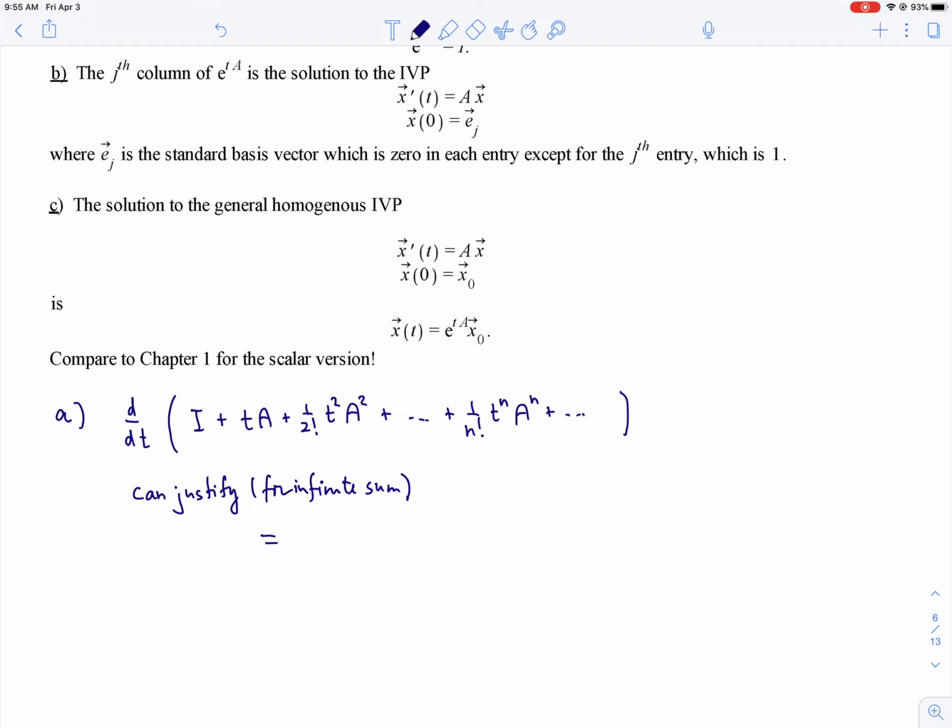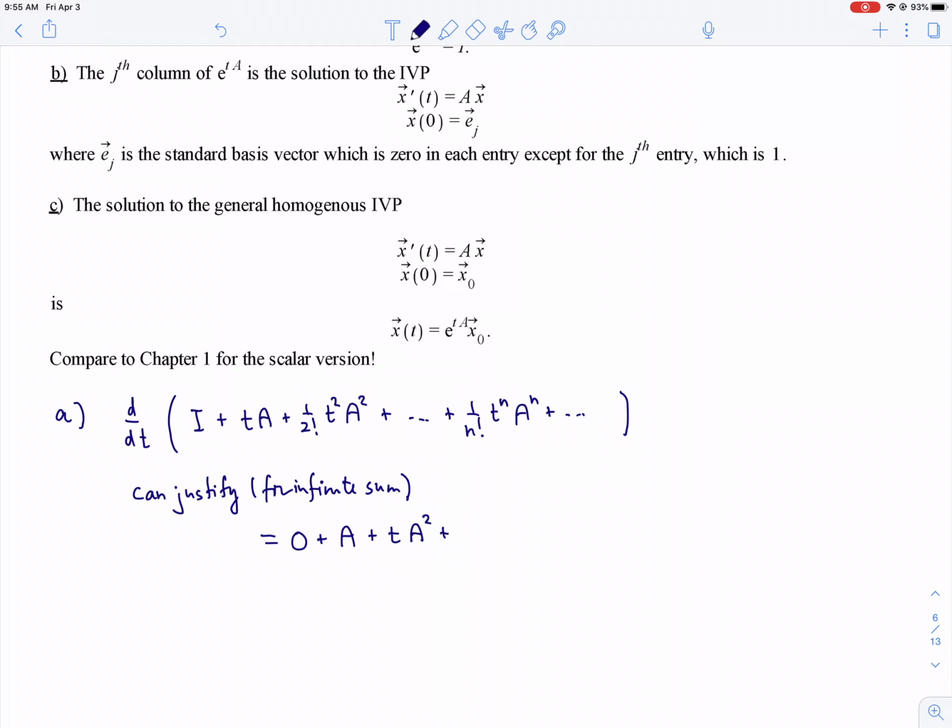And when you do that, differentiating term by term, you get the 0 matrix plus derivative of t times A is just 1 times A by the product rule, which implies the constant multiple rule in either factor, plus 2t over 2 is t.